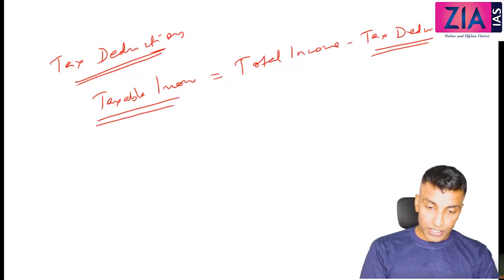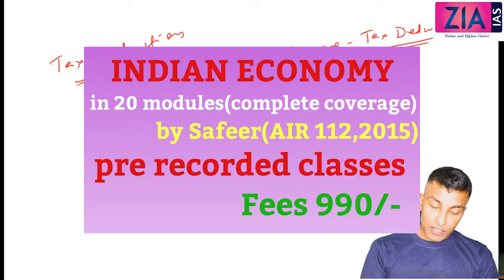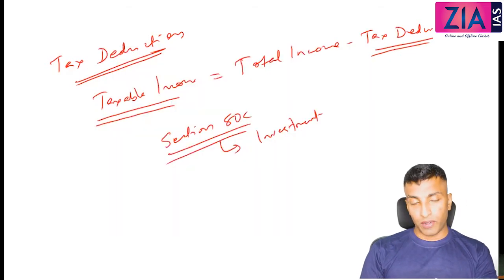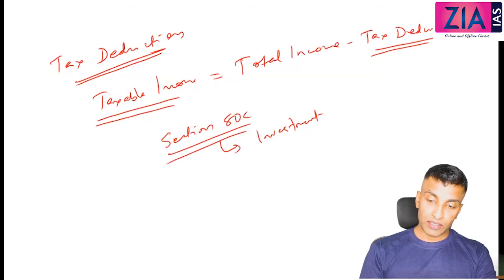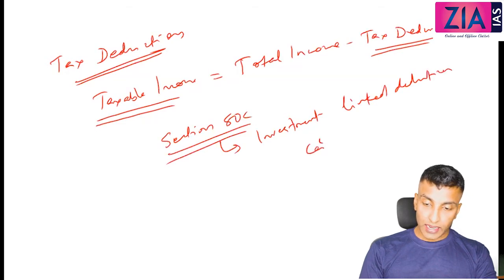For example, section 80C is related to investment linked deduction. If you take a policy or have a housing loan, etc., some deductions will be there. So this is connected to investment linked deduction. There is a ceiling for this. Ceiling is 1.5 lakh.